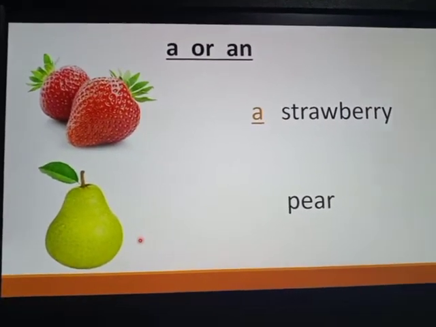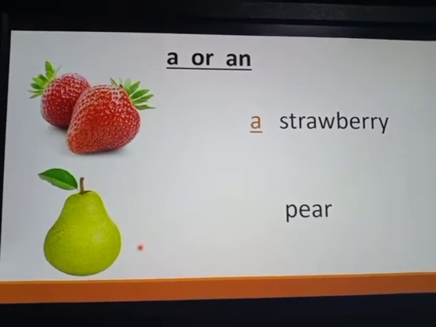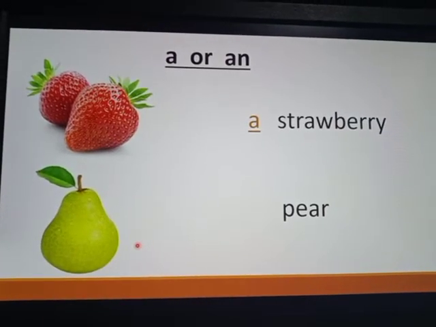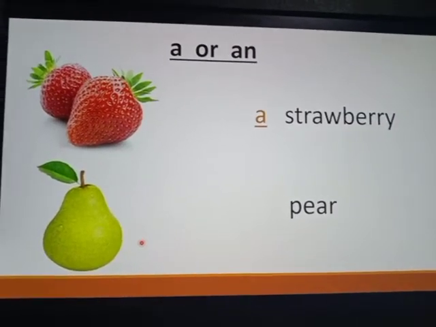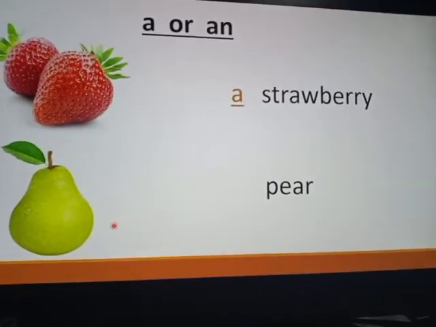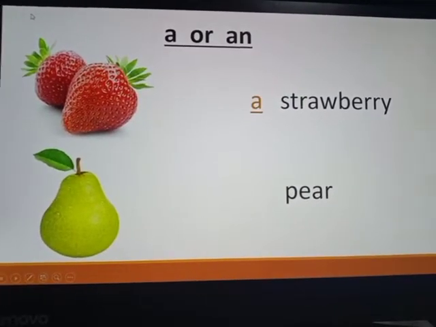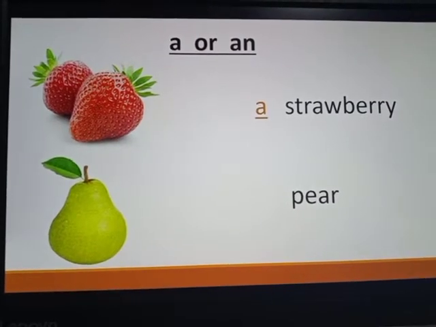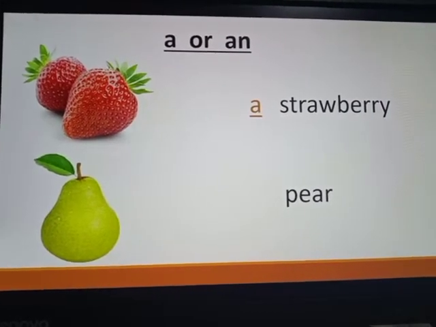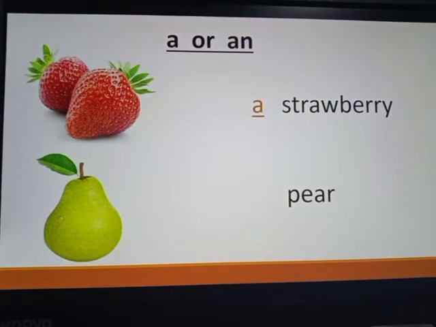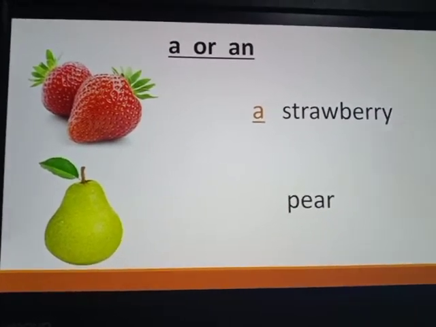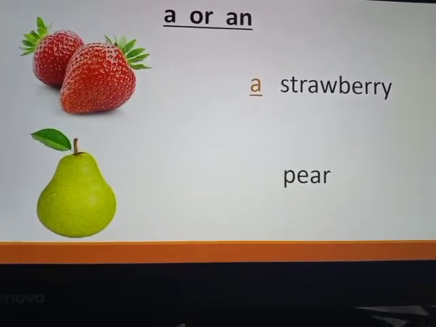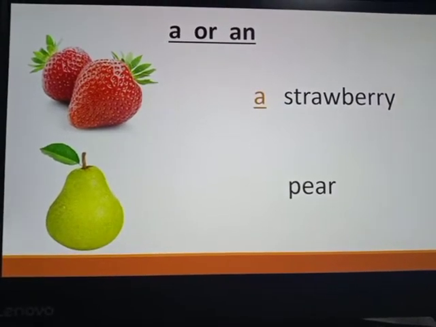Now tell me, what are you seeing in the second picture? Correct. It's a pear. I'll read the spelling of this word. P-E-A-R, pear. So now tell me, what is the starting letter of this word? P. Very good. So P is a vowel or consonant?